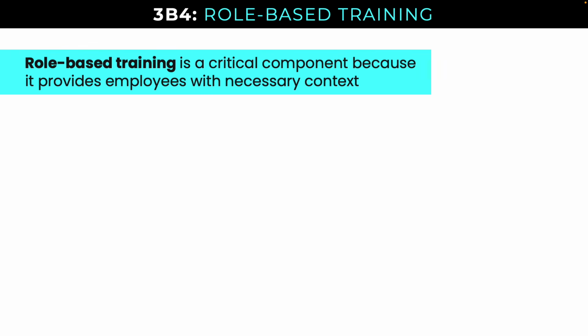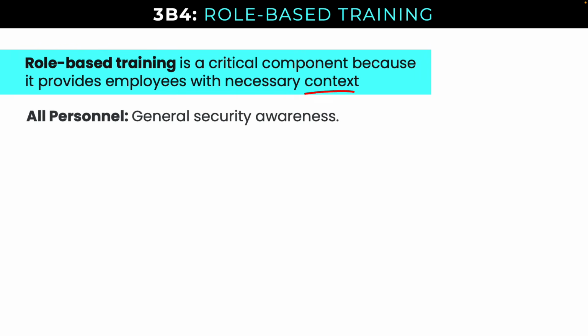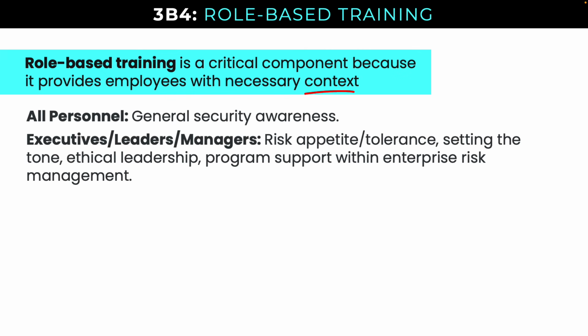So role-based training is a critical component because it provides employees with context necessary for their specific role. So all personnel get the general security awareness training. Your executives, leaders, and managers get training on risk appetite and tolerance, setting the tone in terms of our security program, ethical leadership program support within enterprise risk management.